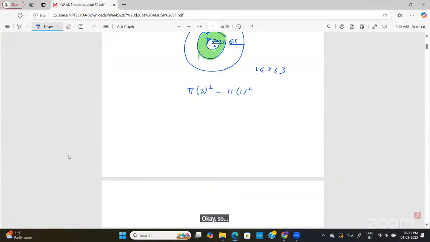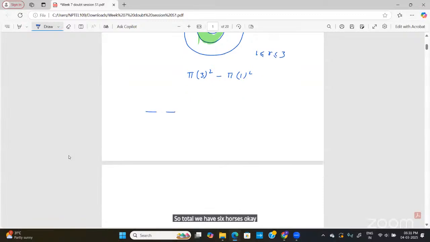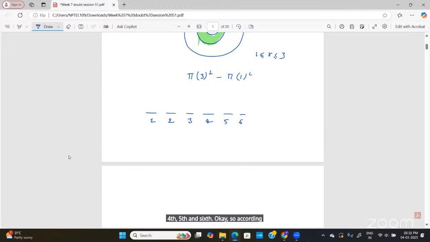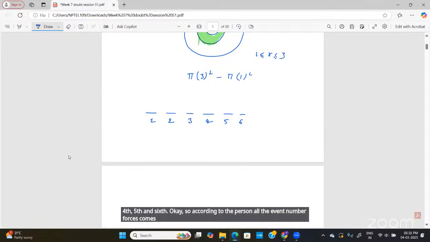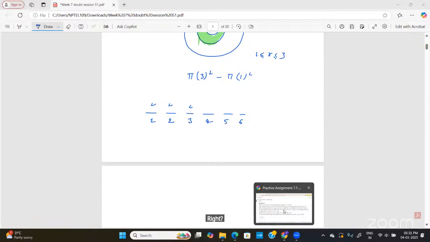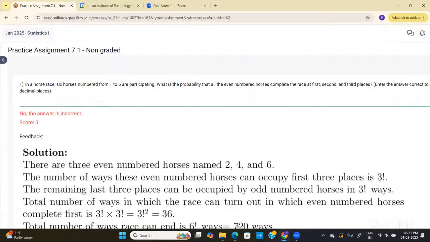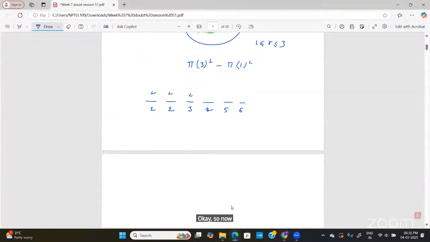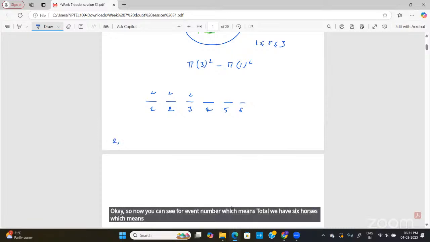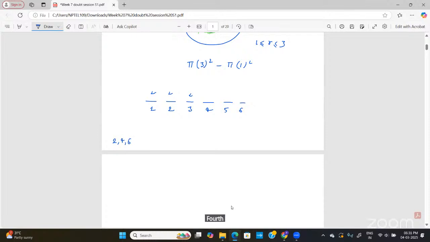Total we have 6 horses. Suppose this is first place, second place, third, fourth, fifth, and sixth. According to the question, all the even number horses come first, second, and third place. Even numbered horses means the second horse, fourth horse, and sixth horse.